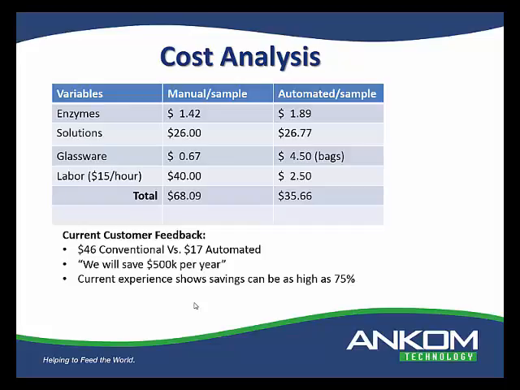Ours is basically an account for labor, enzymes, solution, glassware. That's our focus. If you amortize the cost of the instrument, obviously that's going to have an impact, and then you have to decide whether to amortize it over 3 years, 5 years, things like that. So these are really talking about the direct costs in this analysis.